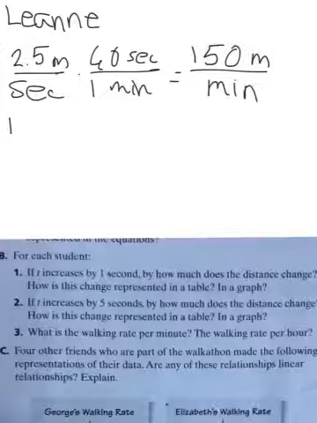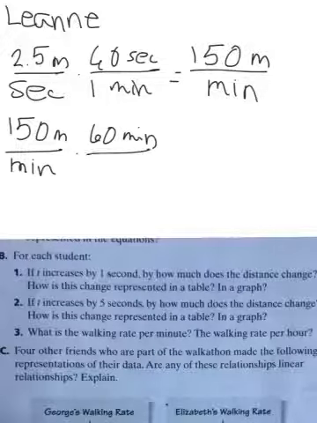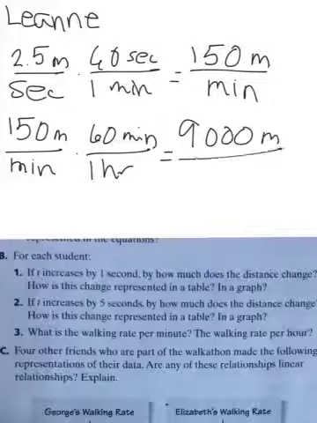Take that data, 150 meters per minute, multiply that by 60 minutes in 1 hour, and we find out that Leanne can walk 9,000 meters per hour. The final question asks us to look at the following charts and equations and determine which show a linear relationship.